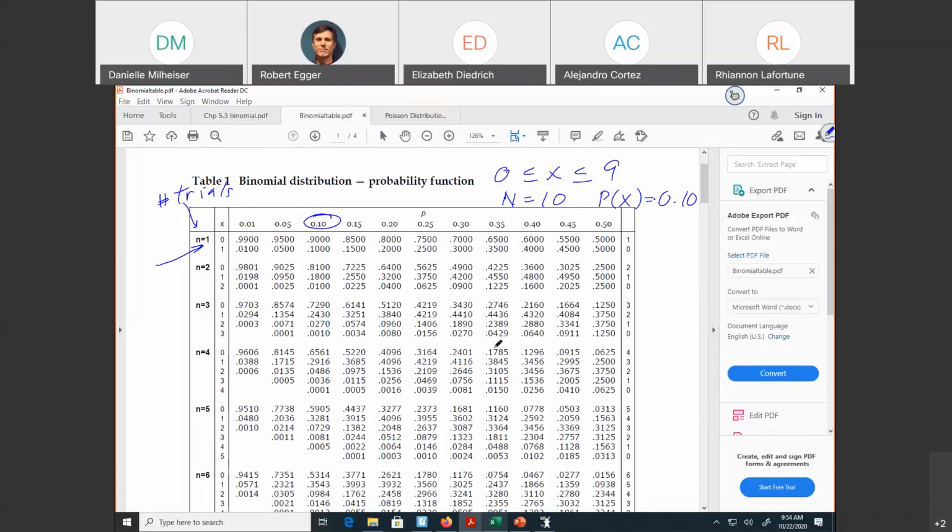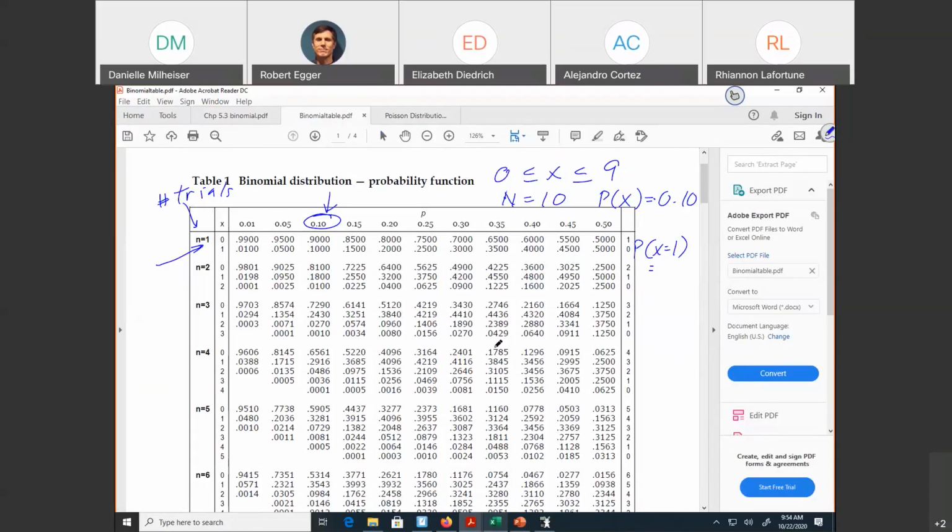So I do one cycle of my random generator of 0 through 9. The probability of getting a 1 is P, 0.1.